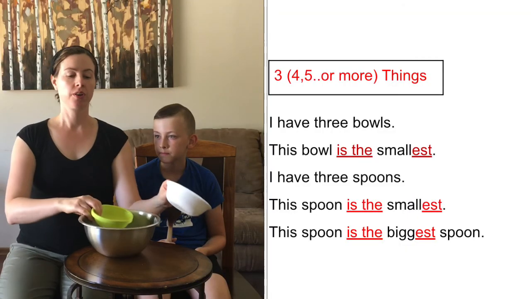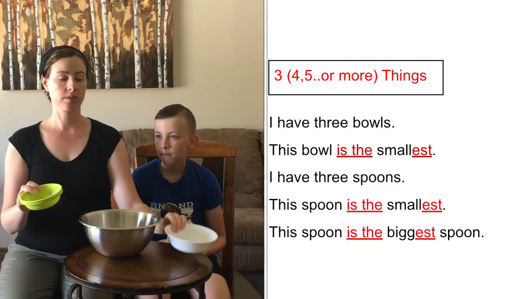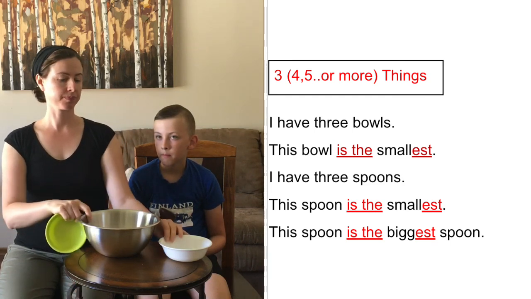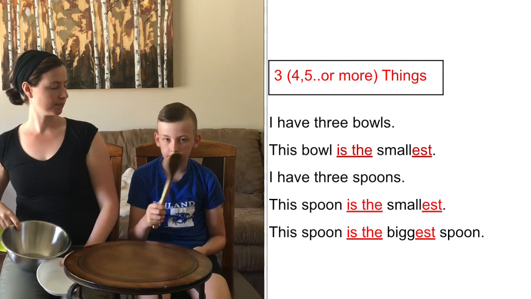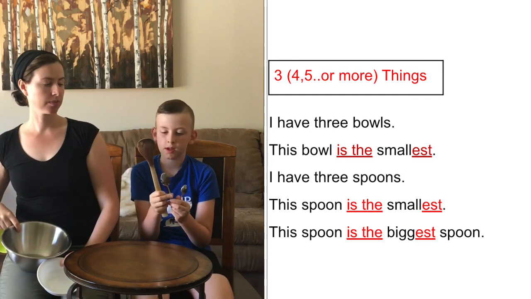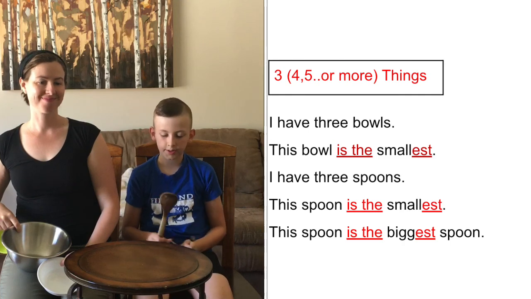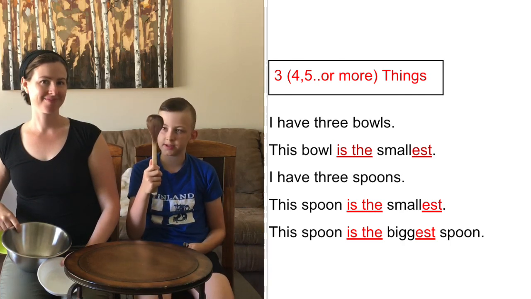I have 3 bowls. This bowl is the smallest. I have 3 spoons. This spoon is the smallest spoon. This spoon is the biggest spoon.